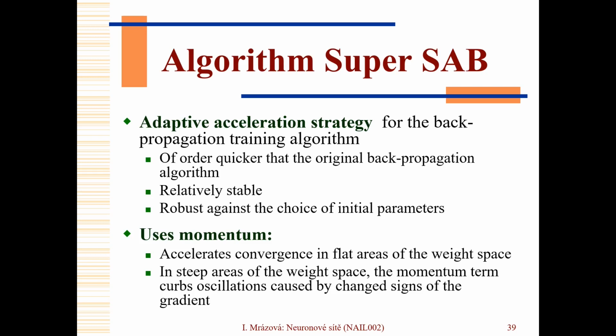The preceding algorithms took the step towards the foreseen minimum, and if the step returned back to a missed minimum, then the step was decreased, so the learning rates were decreased. This algorithm tries to make just the right steps. So if it recognizes that the step it would have to take is a wrong one because of a changing sign of the gradient, this algorithm prefers not to do the step.